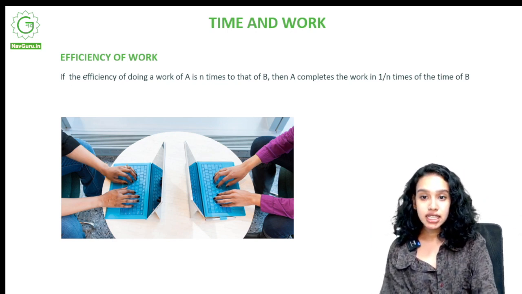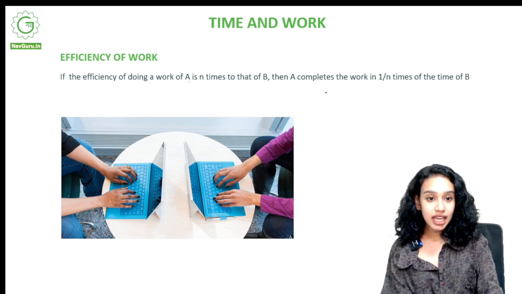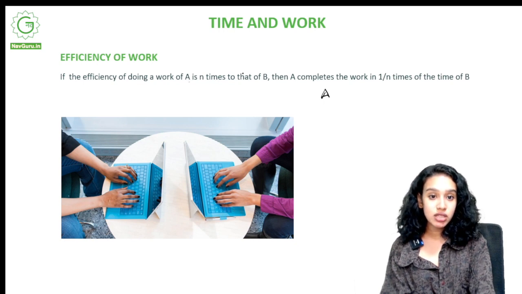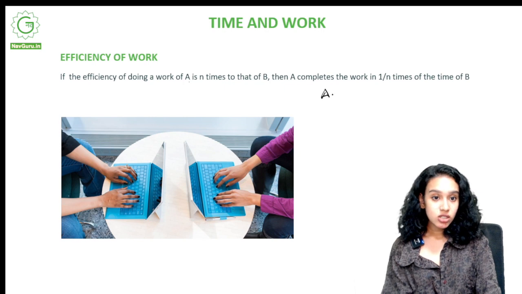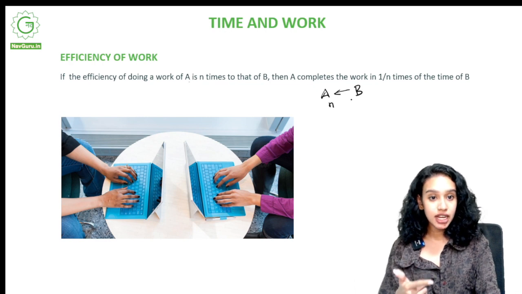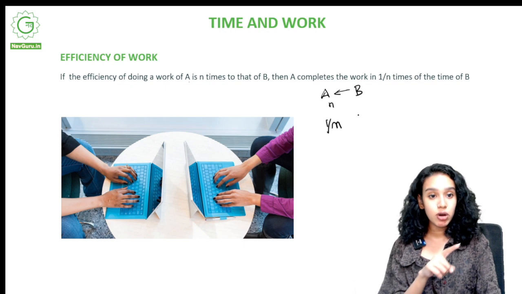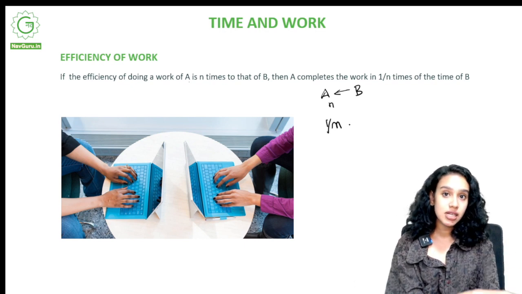A is doing a work with n times the efficiency of B, right? So, the efficiency of A is more, n times, than B. So, A completes the work in 1 by n of the time with which B is completing the work.